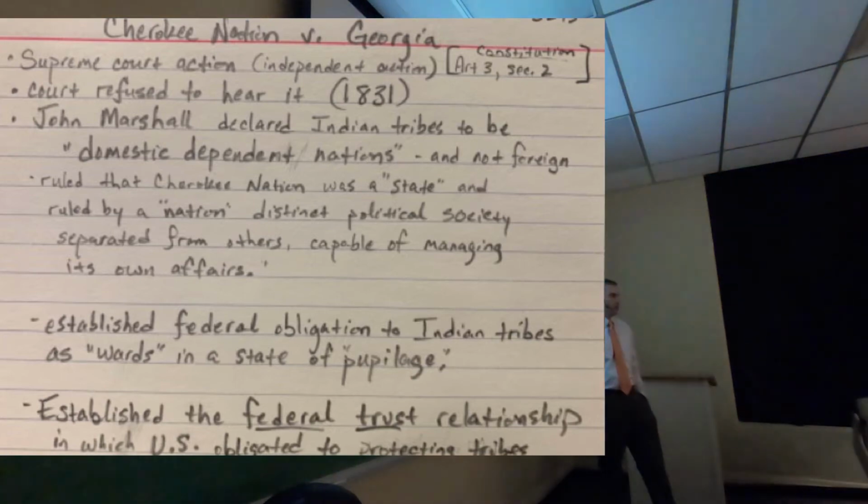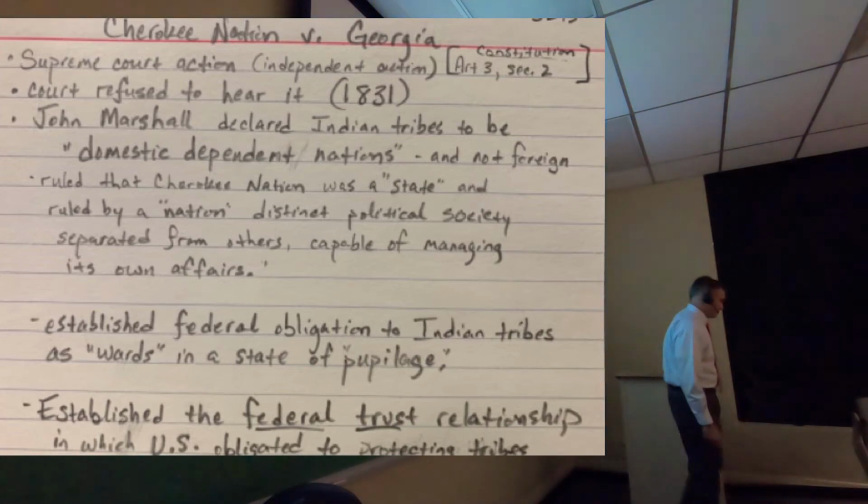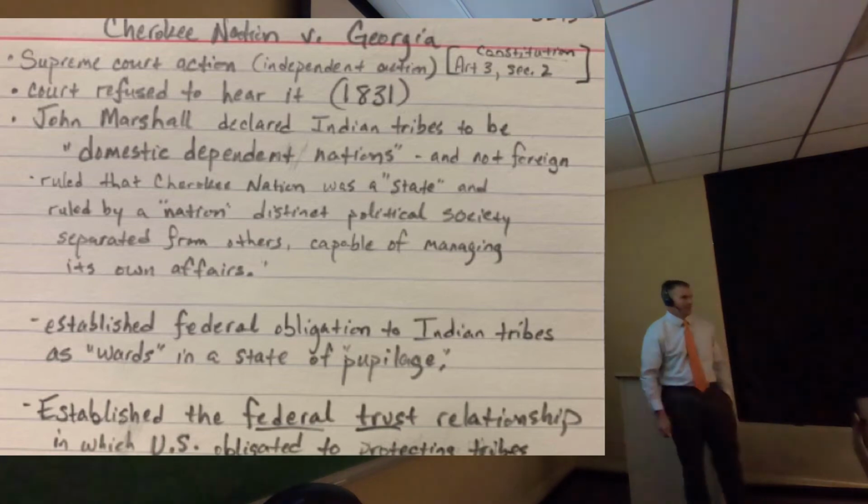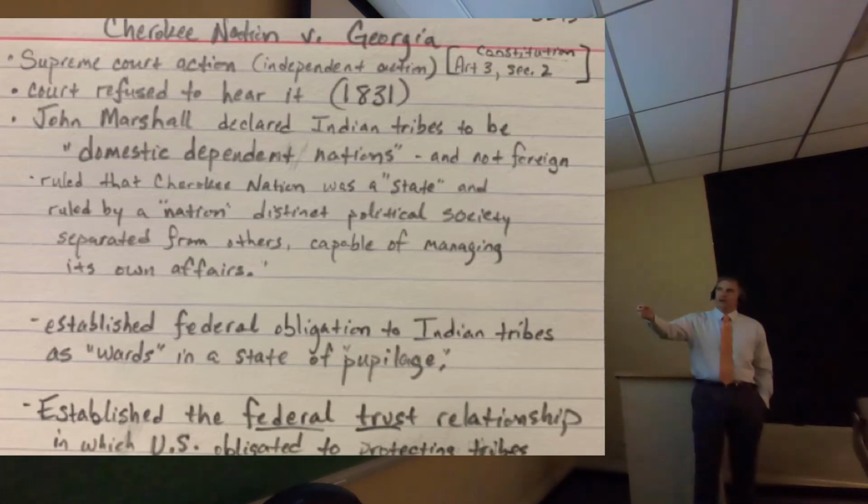And so at that point is when John Marshall and the Supreme Court said, okay, yeah, you're a nation of people, but you're not an independent nation outside of the United States. You're a dependent nation. And you're not a foreign nation, you're a domestic nation, okay? So, splitting hairs, right?